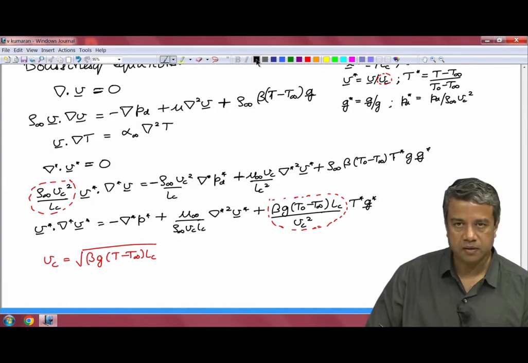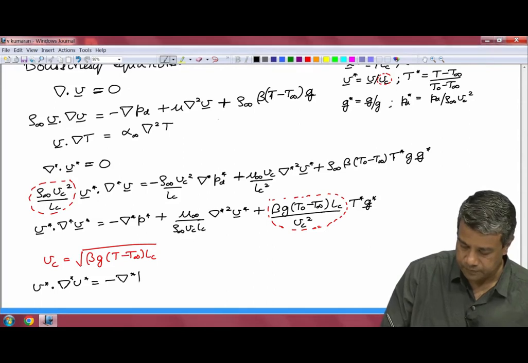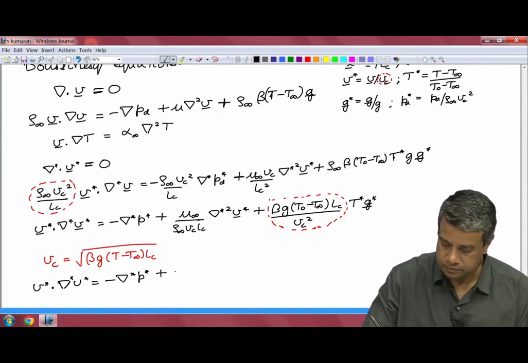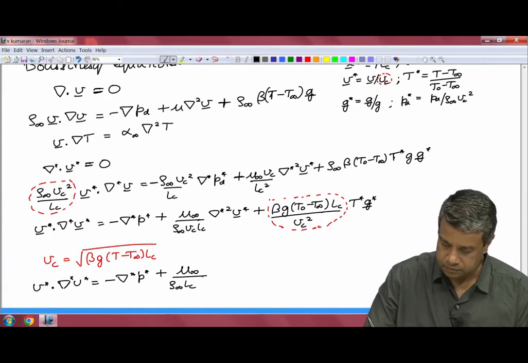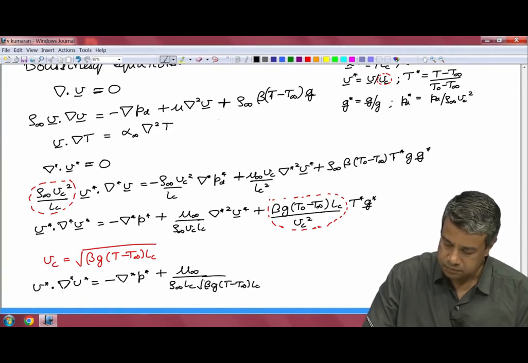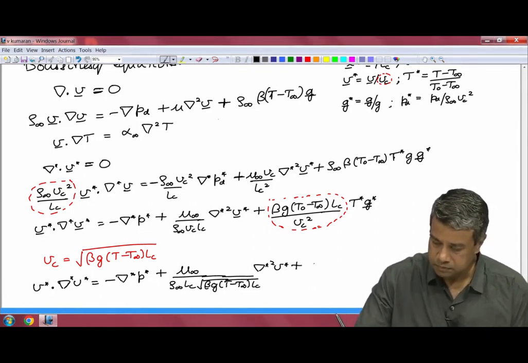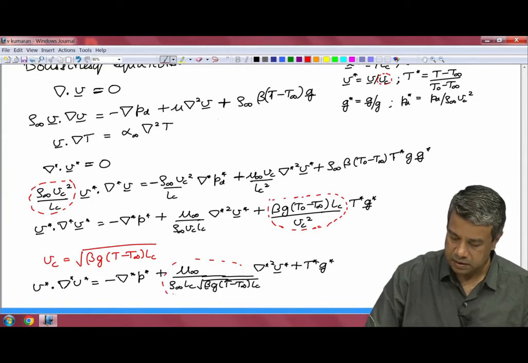And if that is the case, I can substitute that in here and get V star dot grad plus... Note that this is a dimensionless group.